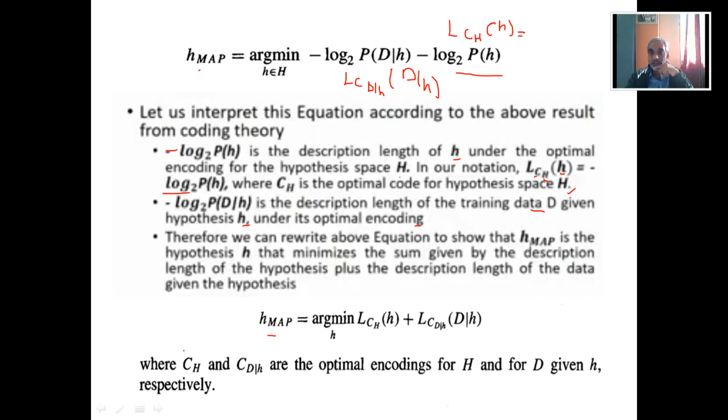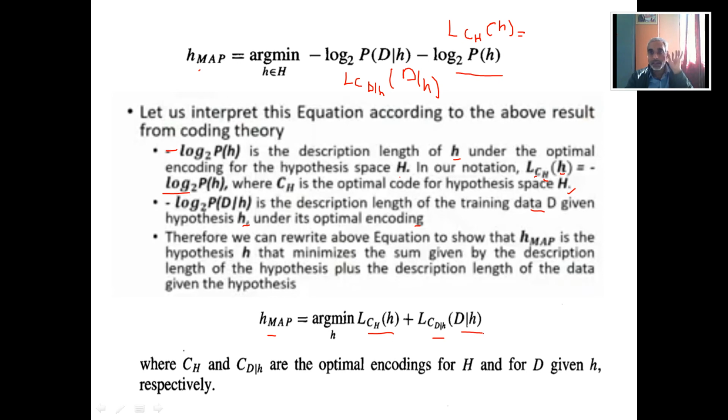See here, LC of H is equal to minus log of P of H, and here also minus log of P of D given H. Since we are going to consider that minus term also, we just say LC of H plus LC D given H of D by H.